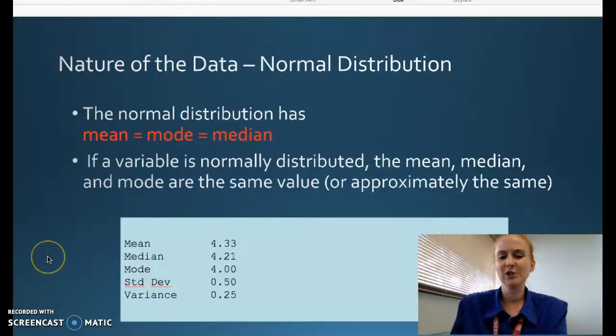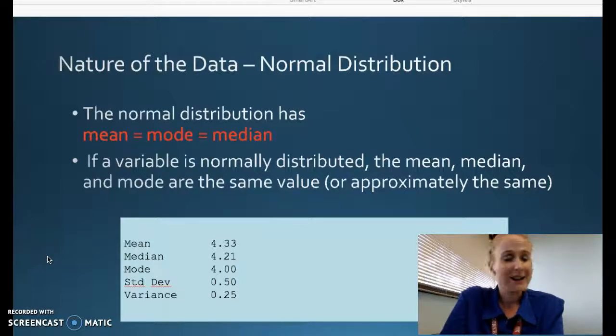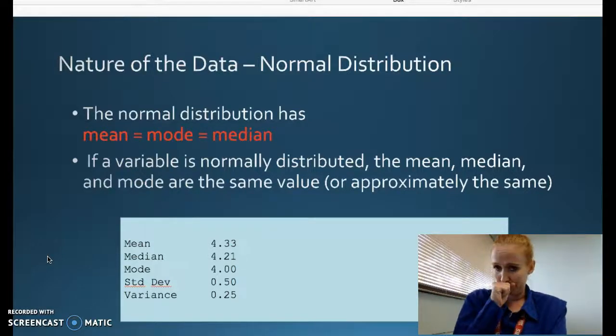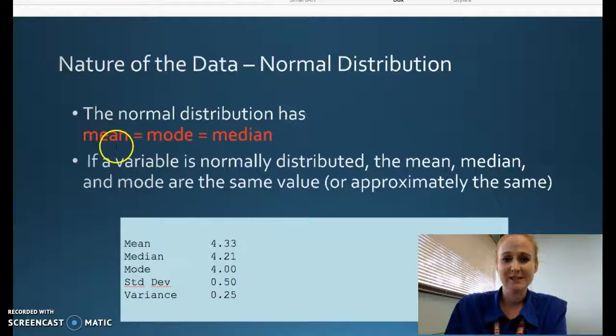Okay, this is how you would look at it if maybe you were running some descriptive statistics, like trying to get a mean or a median or a mode of a particular interval variable that has numbers in it. Okay, so in any normal distribution, the mean, mode, and median are all equal to or very close to the same number.